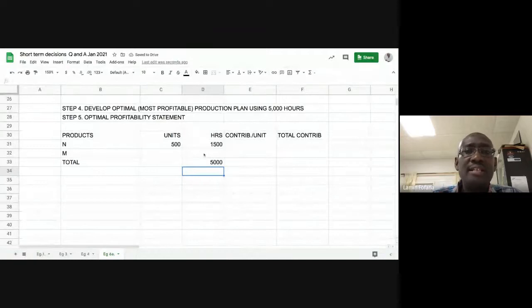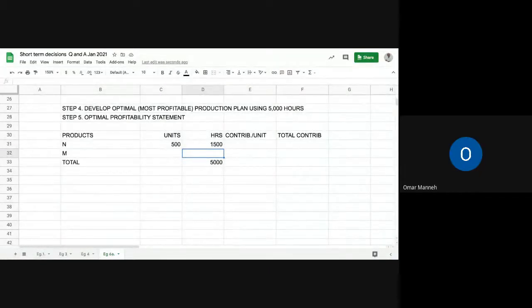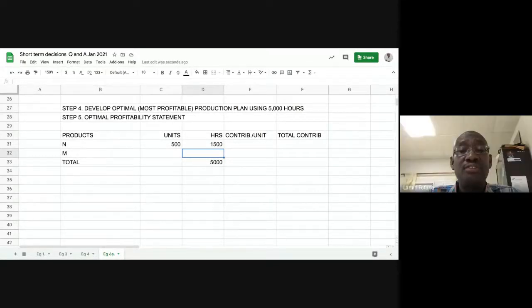Naturally, what is available for M will be the difference between the total available hours, 5,000, and what N has already utilized, 1,000. So what formula do we put here?